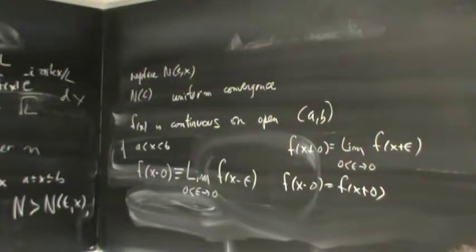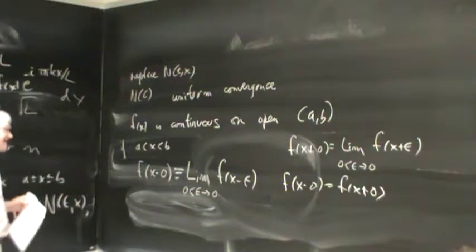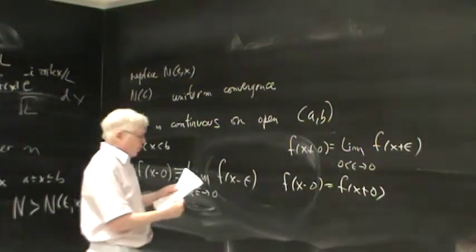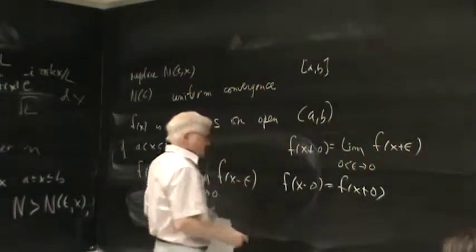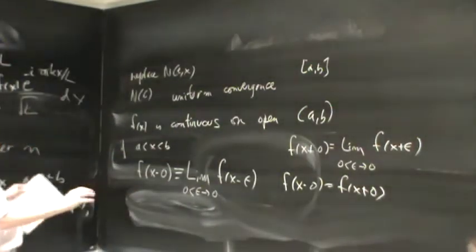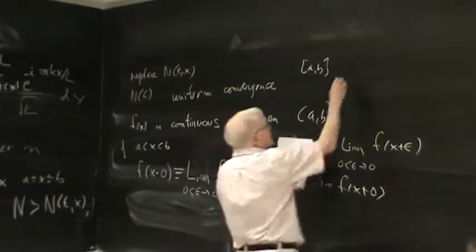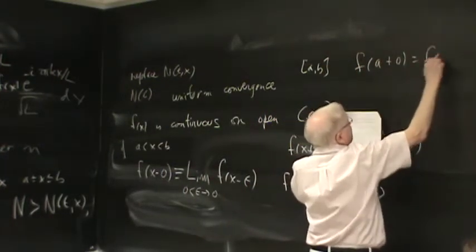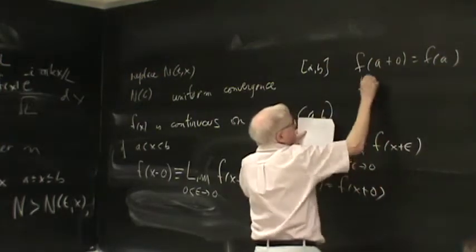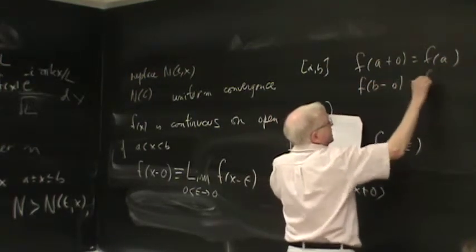If the interval is closed, then it's slightly different, because what you need on the closed interval is for it to be continuous on the open interval, and then you need f of a plus 0 to be f of a, and f of b minus 0 to be f of b.